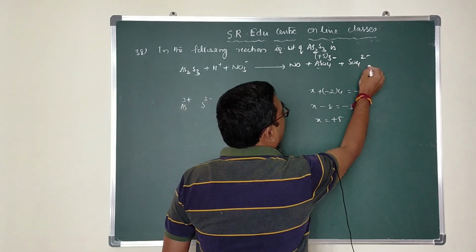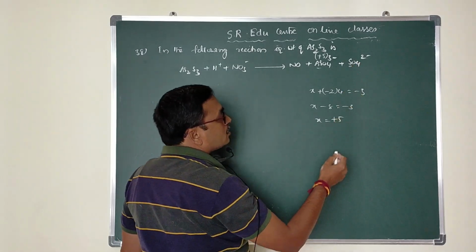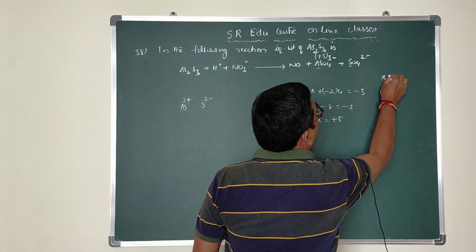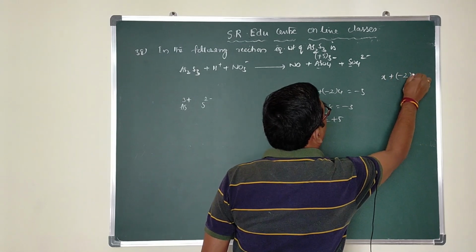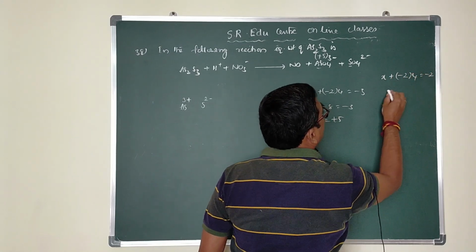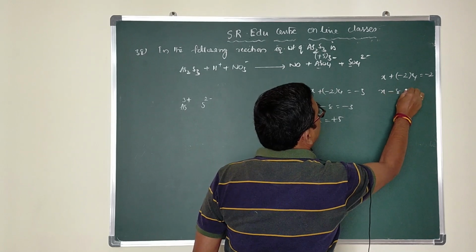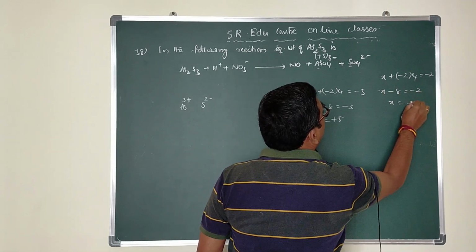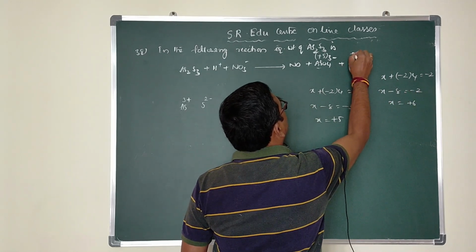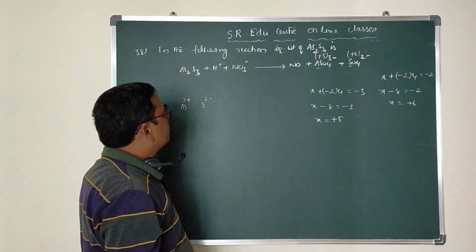In the sulfate, we have to find out the oxidation state of sulfur. Say sulfur is X and oxygen is -2 into 4 is equal to -2. X minus 8 is equal to -2, X is equal to +6. So here the oxidation state of sulfur is +6.